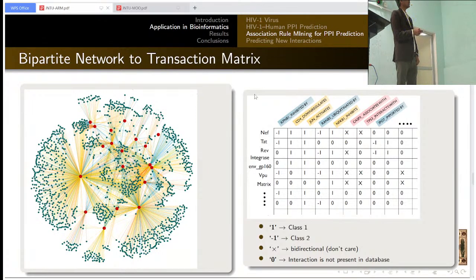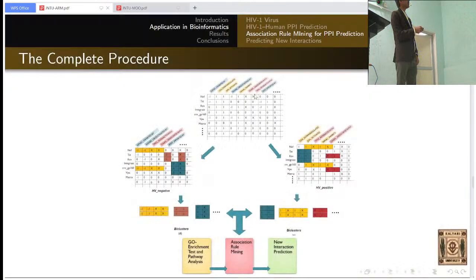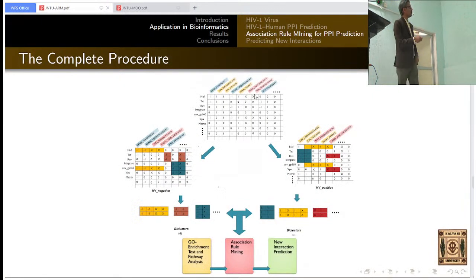Now this matrix is divided into 2 parts: the negative and positive interactions, that is the class 2 and class 1 interactions. In both cases we combine the 0 ones, because bidirectional interactions can be considered as both class 1 and class 2.